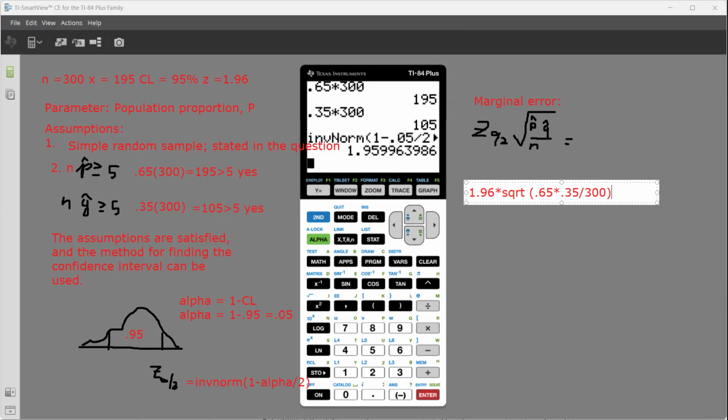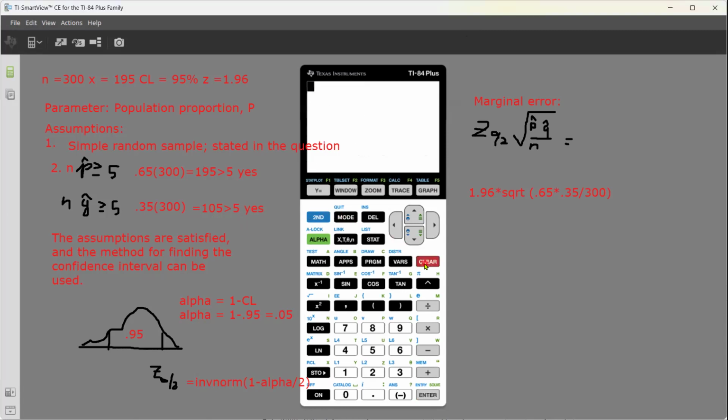That's going to give you your margin of error right there. So let's calculate that and see what we get. Let me clear this so it's less confusing here.